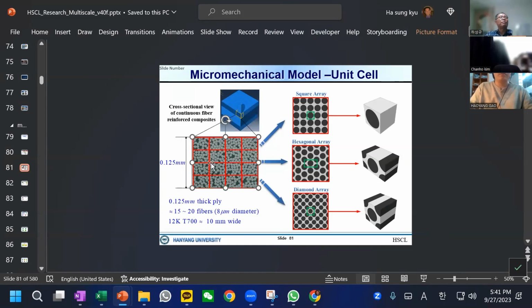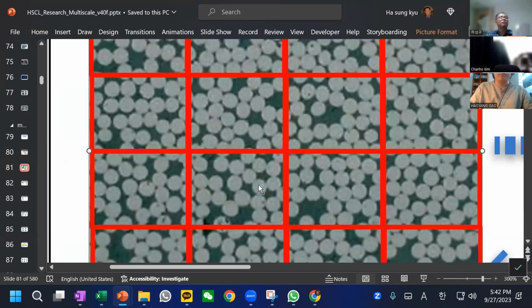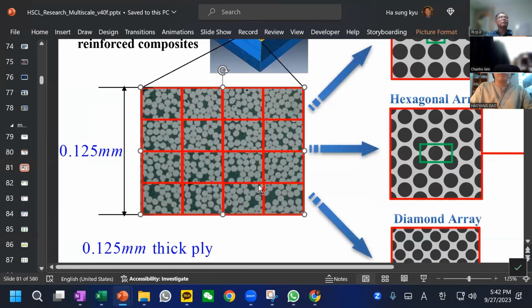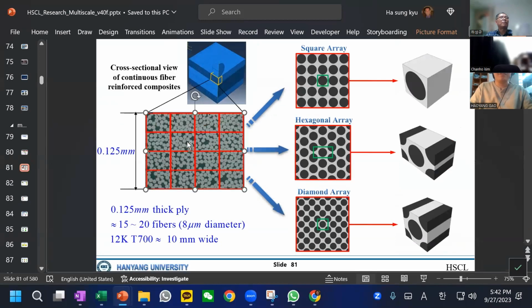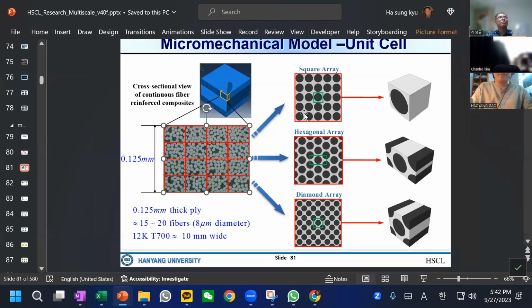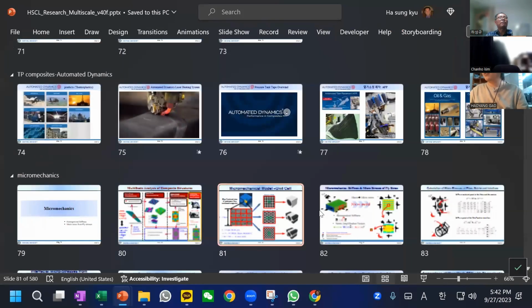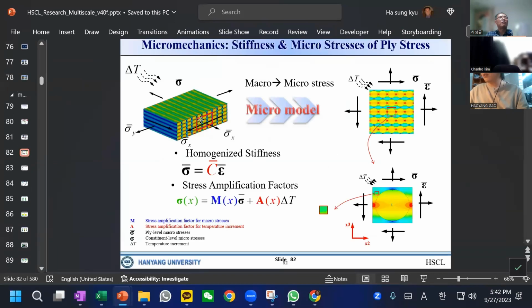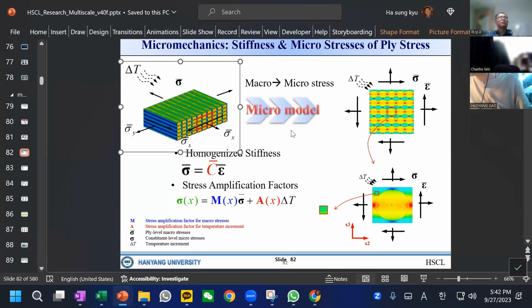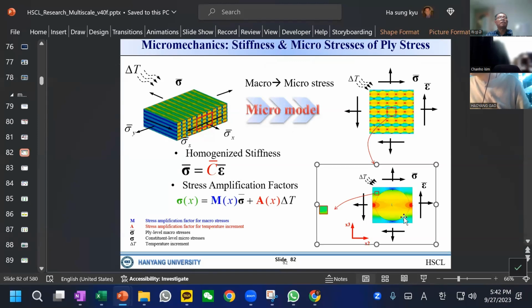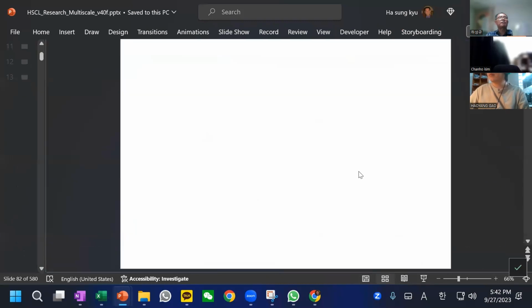And now these are the real pictures. I didn't make them up, but this is a real cross-section of a fiber arrangement. Now, we like to analyze every single fiber. How to do that? Well, we better have this square array, a hexagonal array, and diagonal array. This is the microscopic view of the arrangement of the carbon fiber. Now, as you can see, when we apply all kinds of load, this color represents and shows stress concentration. This is not schematic.